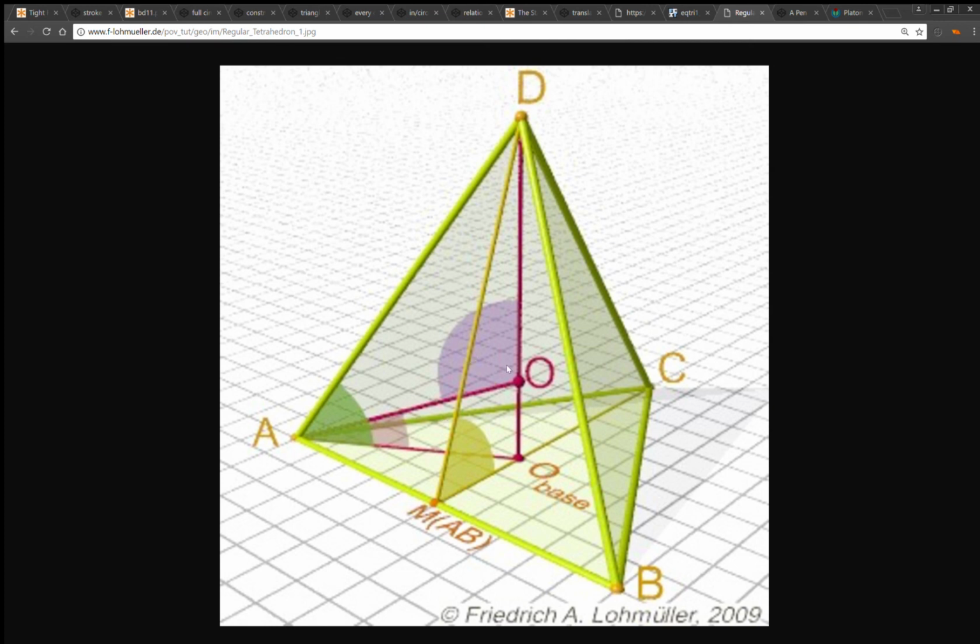And given that the OPD angle is a 90 degree angle, this means that the POD angle is equal to the dihedral angle. So the tangent of the POD angle, which is the dihedral angle, is the DP edge, which is the circumradius of a face, over the OP edge, which is the inradius of the tetrahedron, which we want to compute.